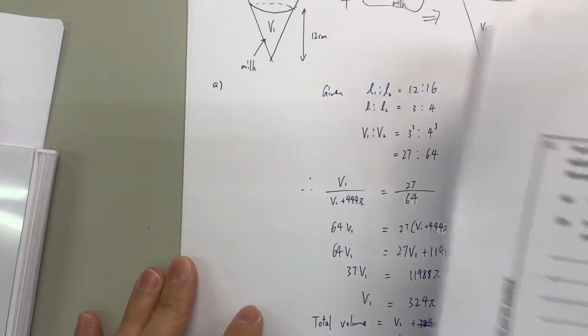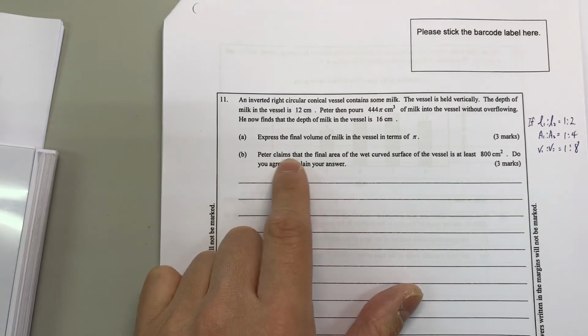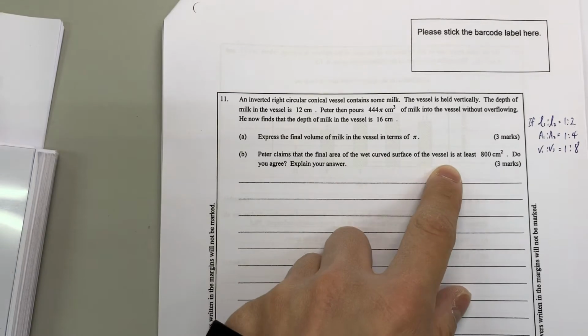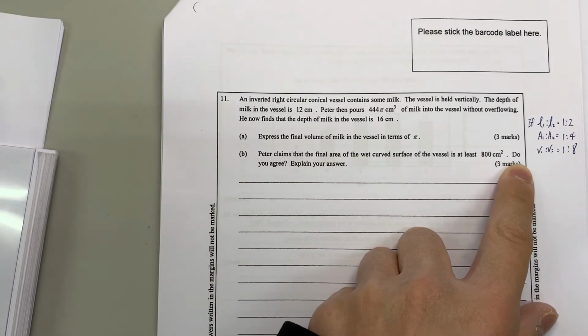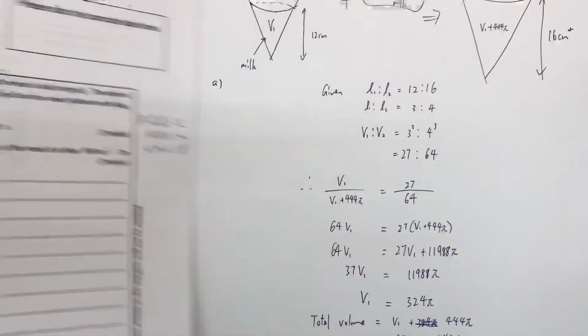So after that, Peter claims that the final area of the red curved surface is at least 800 cm squared. Do you agree? And you have to explain your answer.